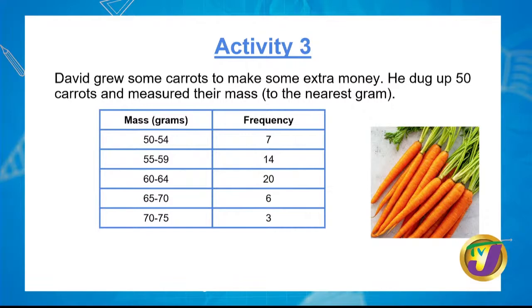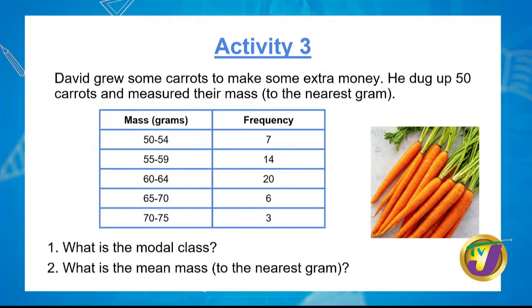So we're seeing our class intervals in the left column and the frequency for the carrots that fall within those class intervals. All right, so we need to find the modal class and determine the mean mass to the nearest gram for this data set.